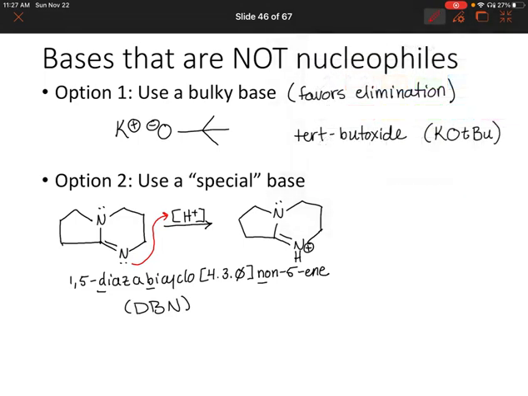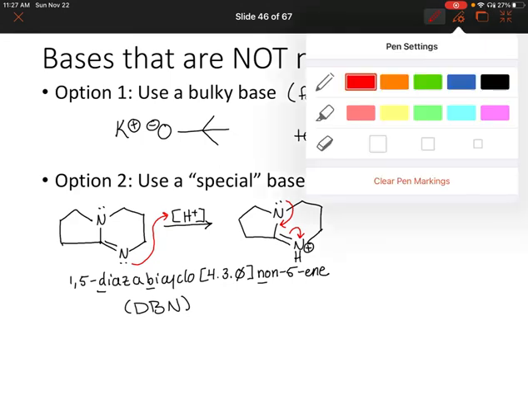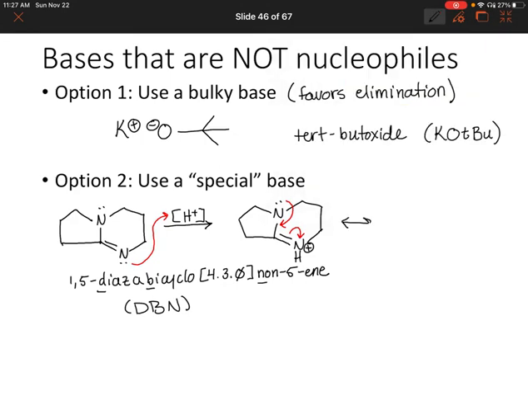So electrons can move around. The lone pair on the top nitrogen can move down. And then the pi electrons will move over to the nitrogen on the bottom. And we'll end up with this configuration here. So these are, again, resonance structures.